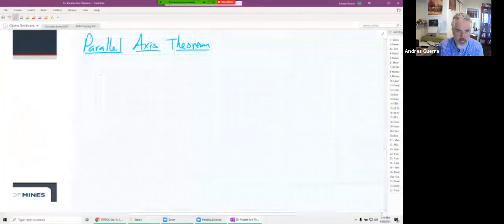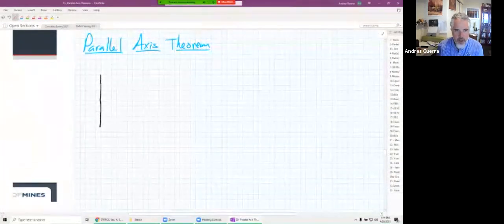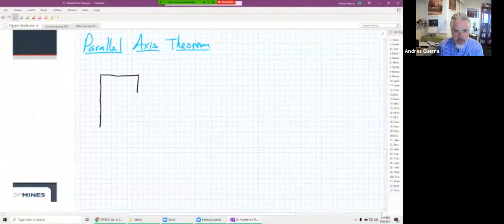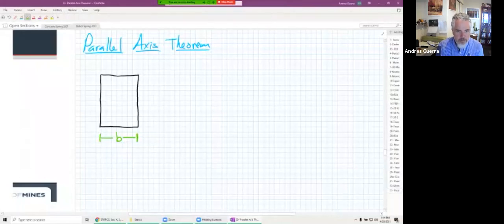So let's start with a drawing of a rectangle, just like we saw in the quiz. The horizontal dimension will always be B, and the vertical dimension is always going to be called H for us. So we have a B and we have an H.